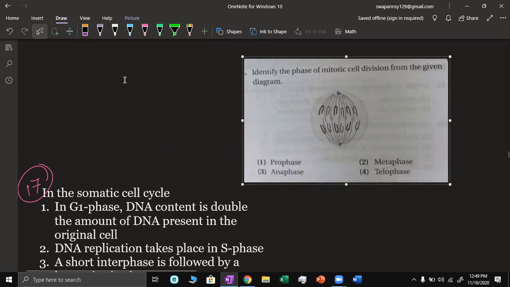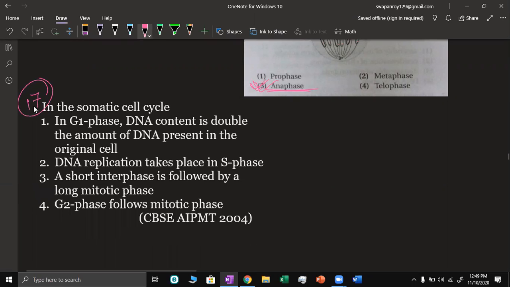It is anaphase, because we can see the spindle fibers, and the chromosomes have separated, each with one chromatid, moving towards the opposite pole. So it is anaphase.